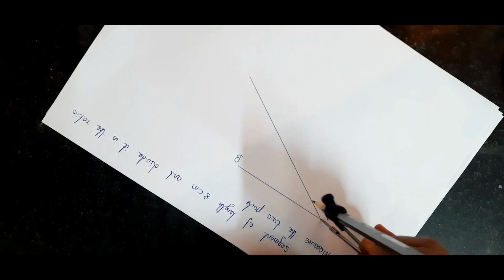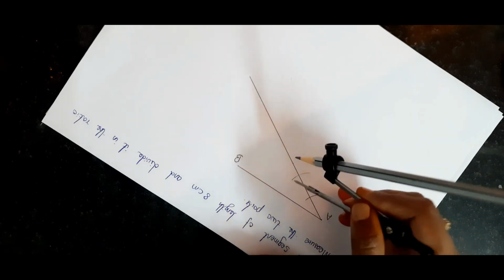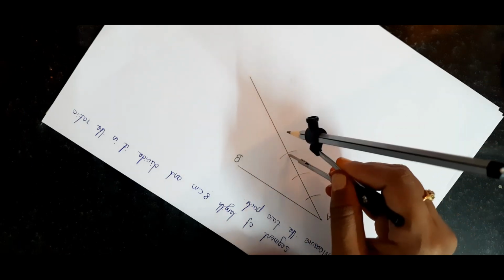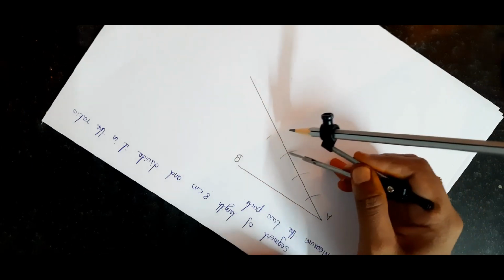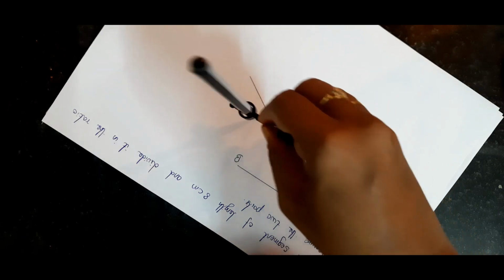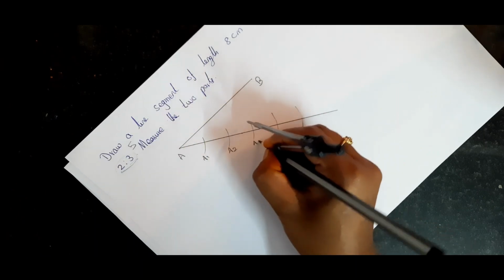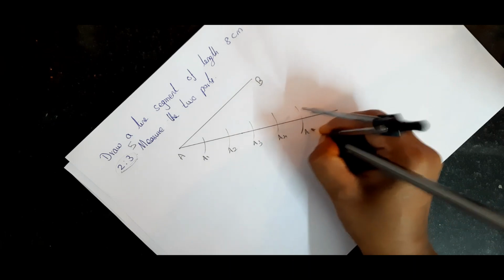Why 5 equal parts? Because our ratio is 2:3, and 2 plus 3 equals 5. So 1, 2, 3, 4, 5. So 5 equal parts are done. Then you give the names: A1, A2, A3, A4, A5.